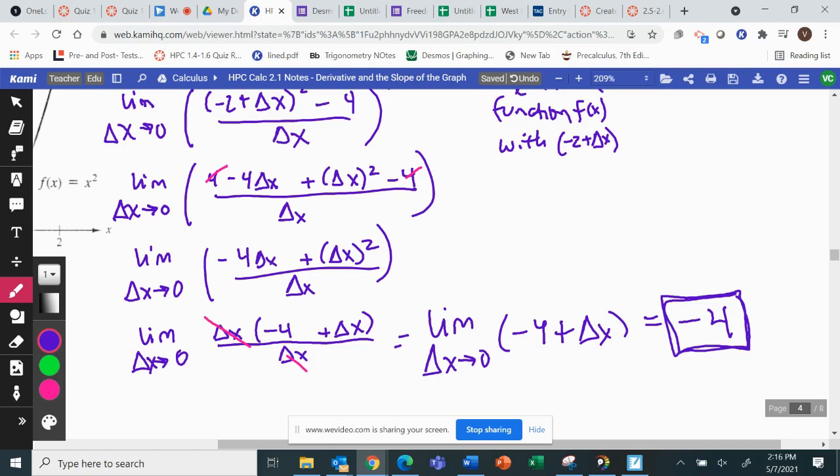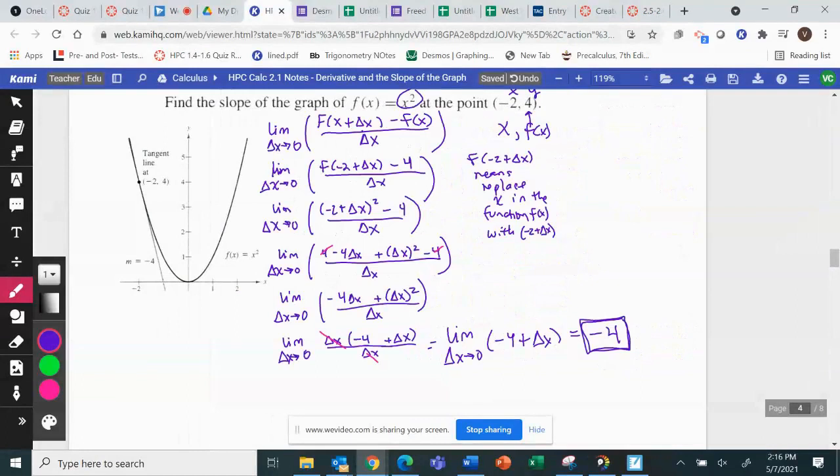And we got a number that seems like a slope to me. If I look at the graph, -4, I feel like that could be an answer. I could draw the lines in here and actually go down 4 over 1 and see if that fits. Kind of looks like it does, doesn't it? So -4 would be the slope.